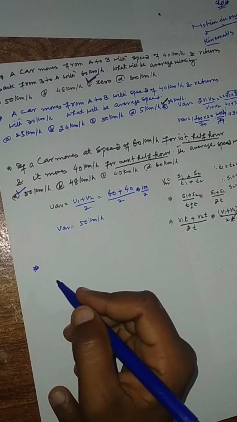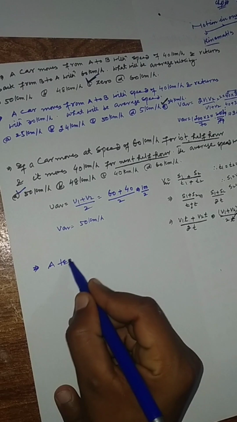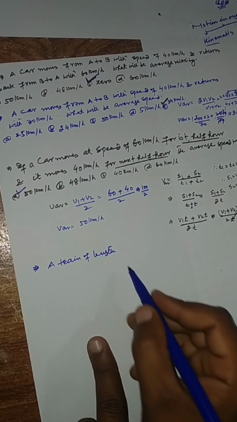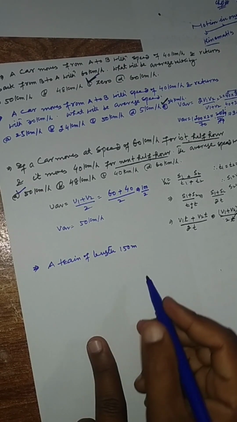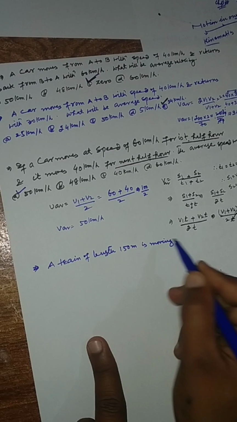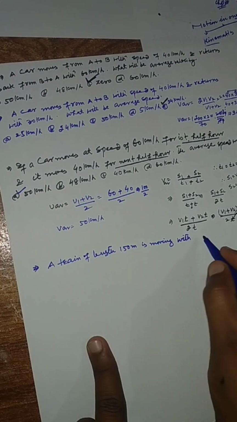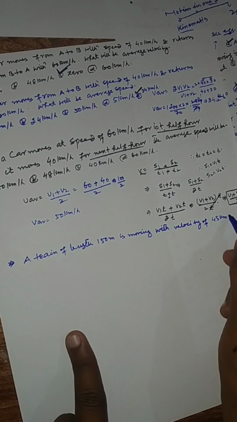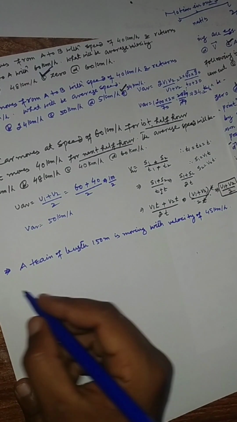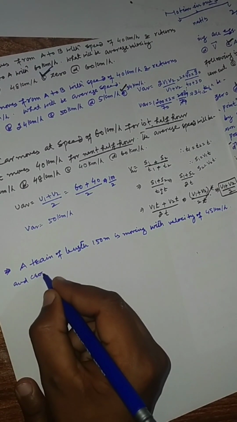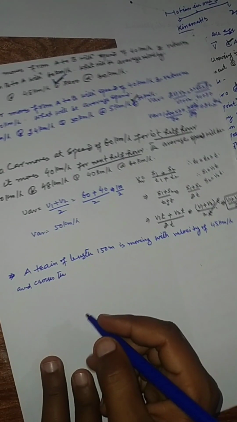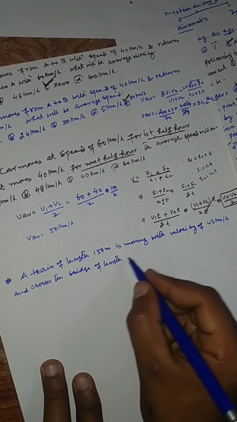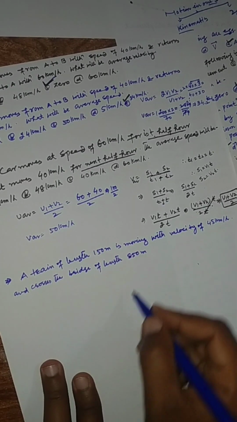After that, if we take a train of length 150 meter moving with a velocity of 45 kilometer per hour and crosses a bridge of length, let's say, 850 meters.